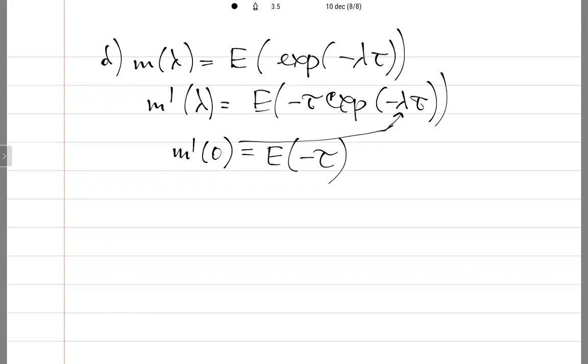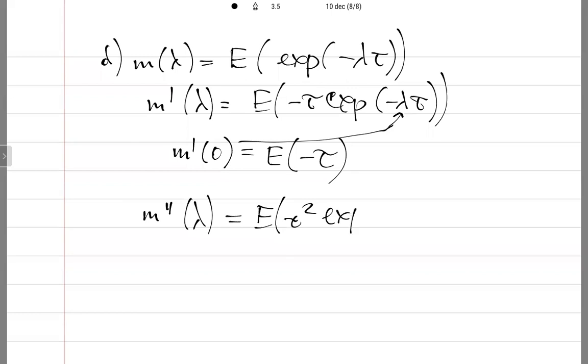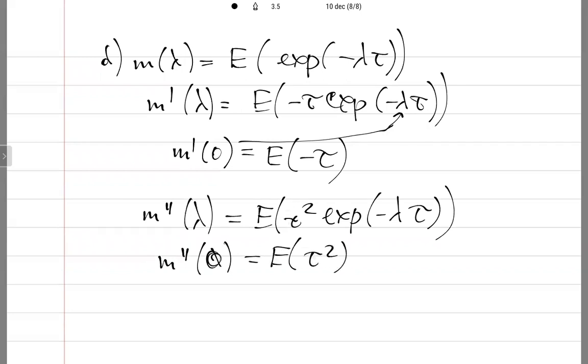Magic, yeah? If I take the second derivative, m prime prime with respect to lambda, it is the expected value of tau squared exponent of minus lambda tau. And m prime prime at 0 is just the expected value of tau squared.